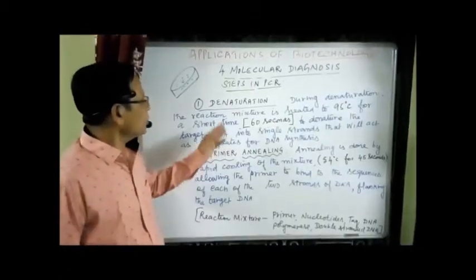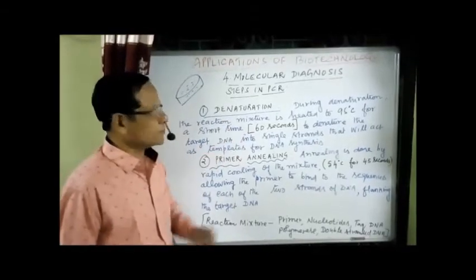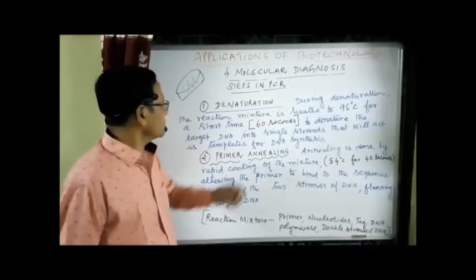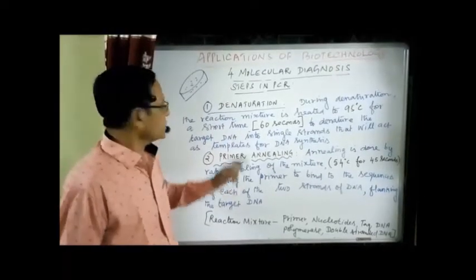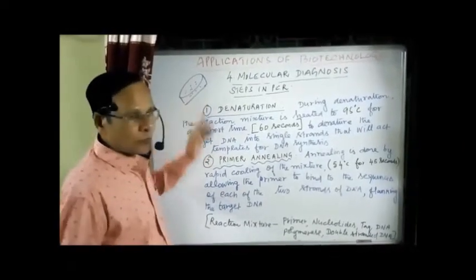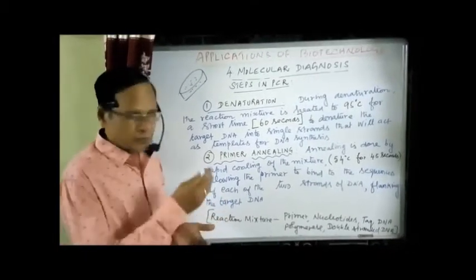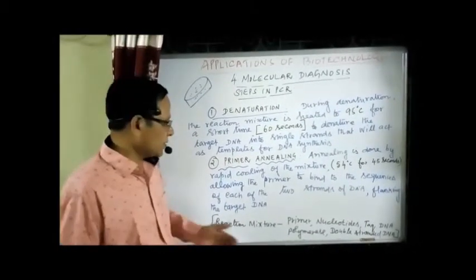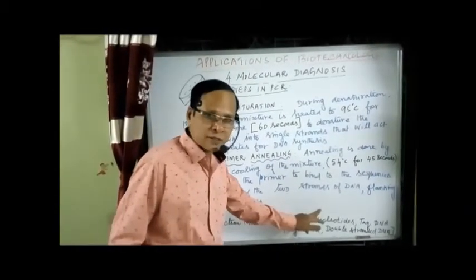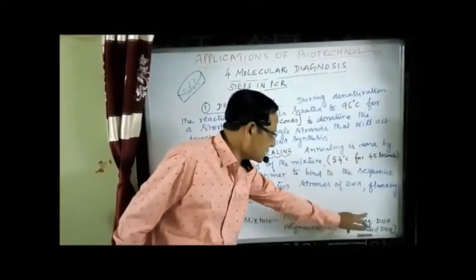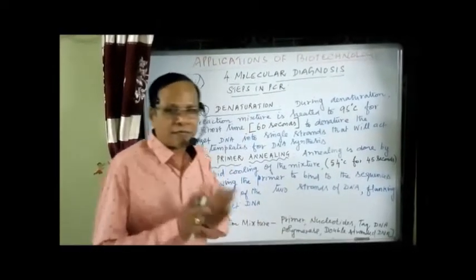The steps involved in PCR, there are three steps I mentioned. Number one, denaturation. During denaturation, the reaction mixture is normally taken in a glass vial or petri dish, a vessel consisting of primer, nucleotides, the raw materials, the Taq DNA polymerase, and a double-stranded DNA which is acting as a template.